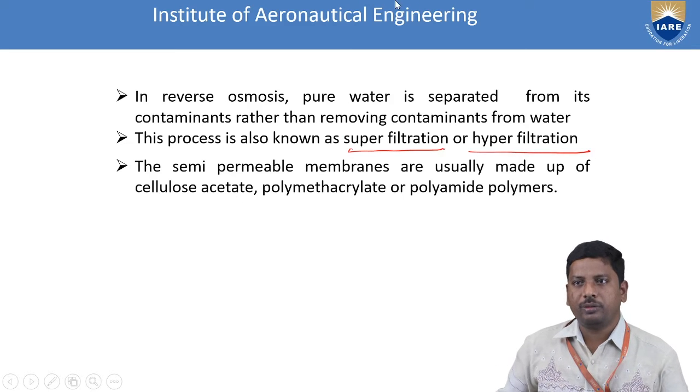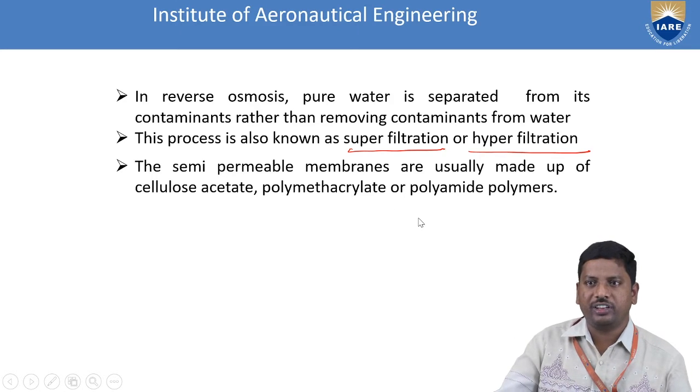The semi-permeable membranes are usually made up of cellulose acetate, polymethyl methacrylate, and polyamide polymers. All of these come under the category of monomers, and monomers undergo polymerization to give polymers. Those polymers are examples, namely cellulose acetate, polymethyl methacrylate, and polyamide polymers.